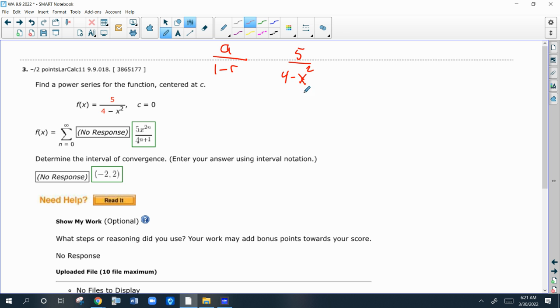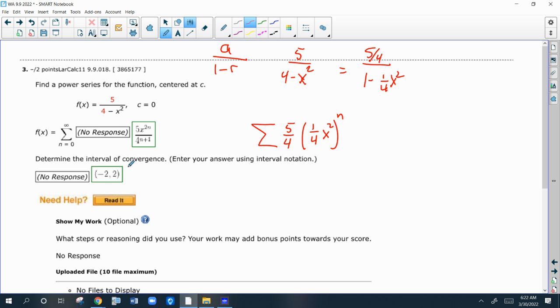There's not much you have to do with that. I need this 4 to be a 1, so the only thing I'm really going to have to do is divide everything by 4 and go from there. So this would create a sum: a is 5/4, r is 1/4 x squared.